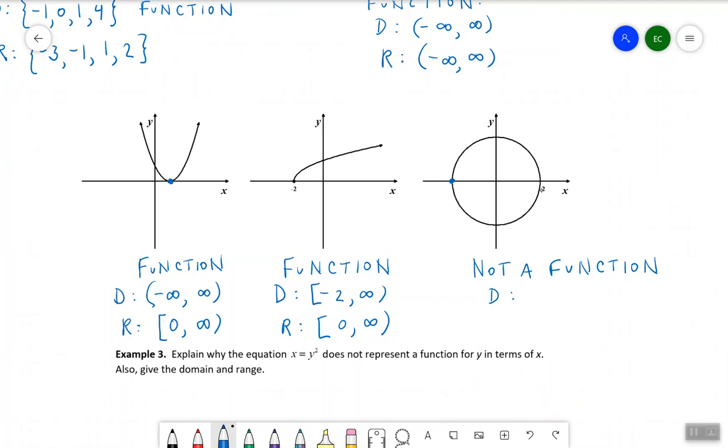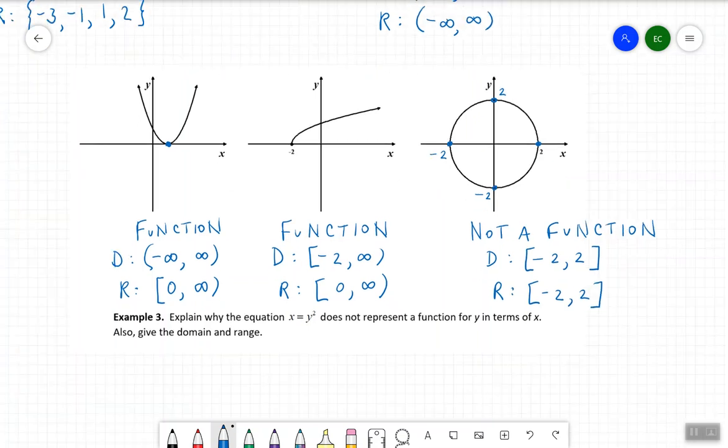If we assume that we're looking at a circle, if this is 2 out at the right end, then this must be -2 at the left end. Similarly, 2 and -2 in the y direction as well. So the domain would be -2 to 2. And the range would also be -2 to 2.